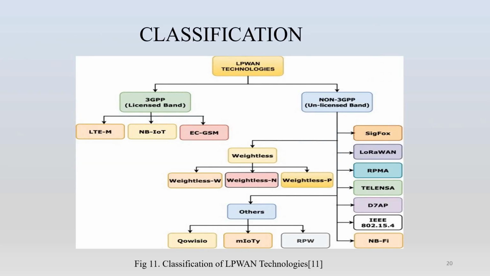And these are the classifications regarding the LPWAN technologies. The two main classifications are 3GPP, the licensed band, and non-3GPP, the unlicensed band.